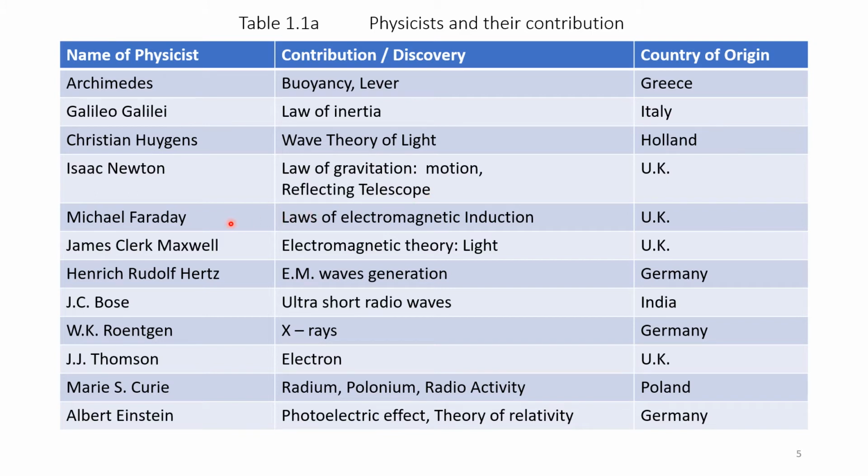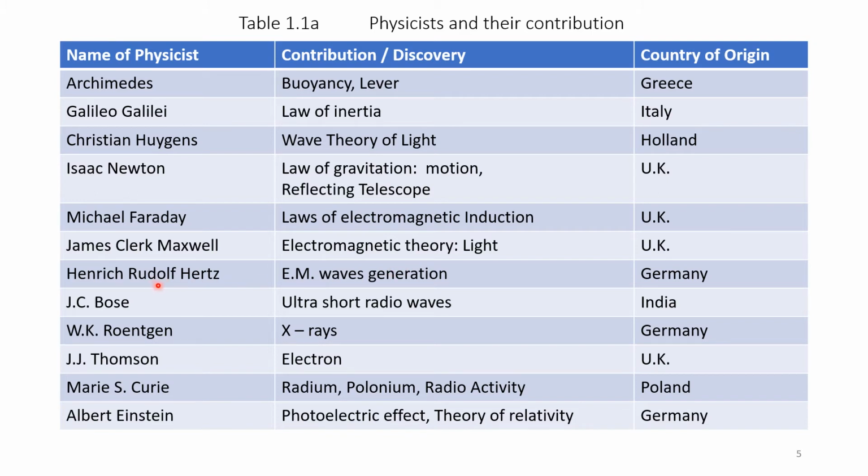Michael Faraday gave the laws of electromagnetic induction, which was applied in electricity generation. And Michael Faraday belonged to the UK. James Clerk Maxwell discovered the electromagnetic theory of light and the correlation between light and electromagnetic wave theory.